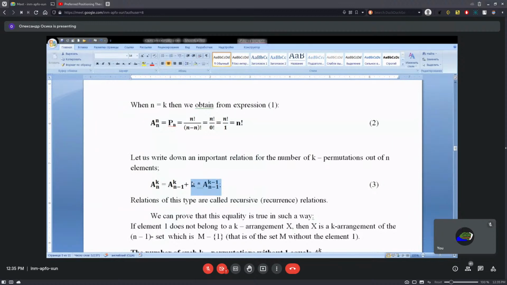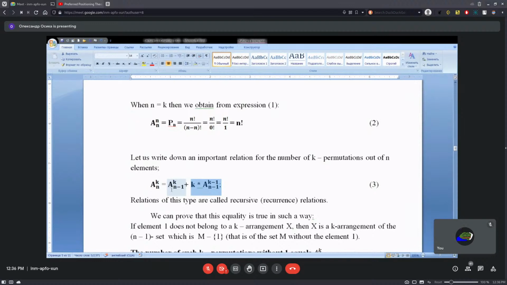And using the last element, which is not mentioned there, k position everywhere here. So these are permutations with A.